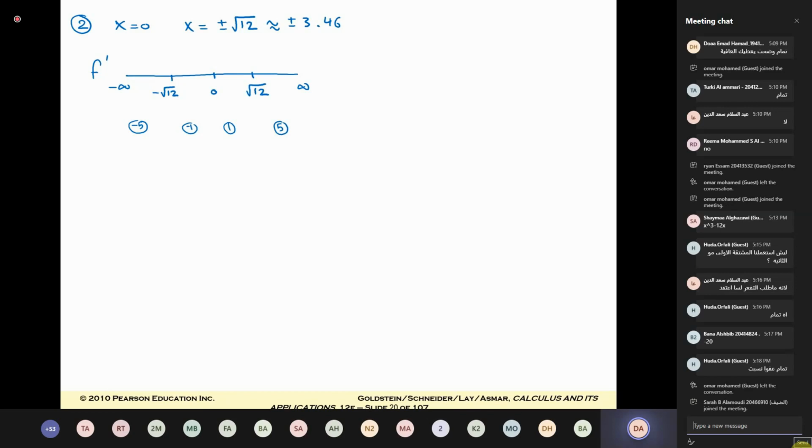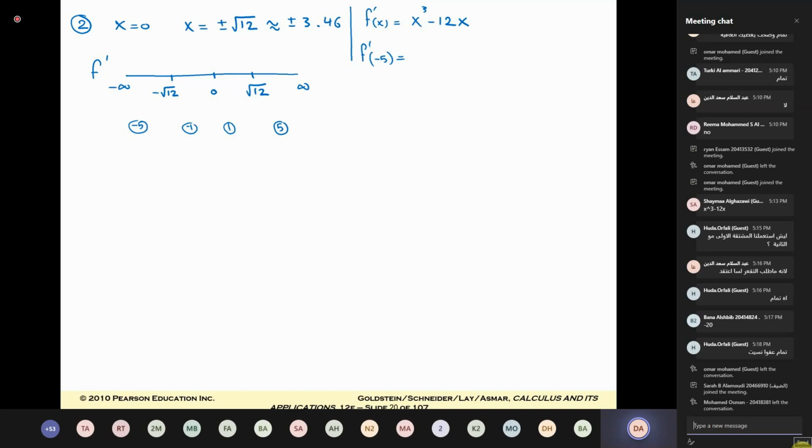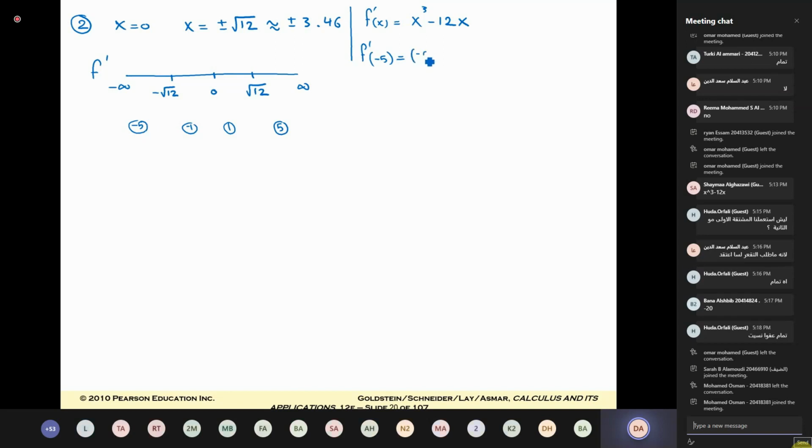Okay, so f prime at negative 5. f prime equal x to the power 3 minus 12x. This is f prime. Okay, so substitute negative 5: negative 5 to the power 3 minus 12 multiply negative 5.